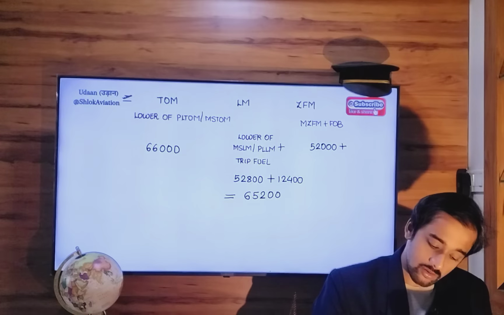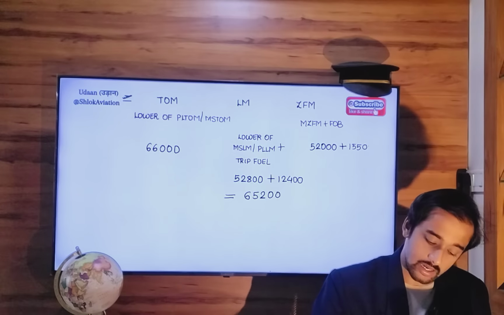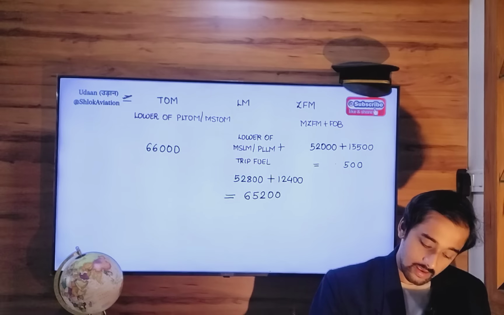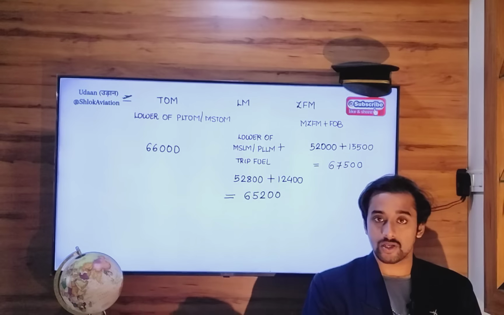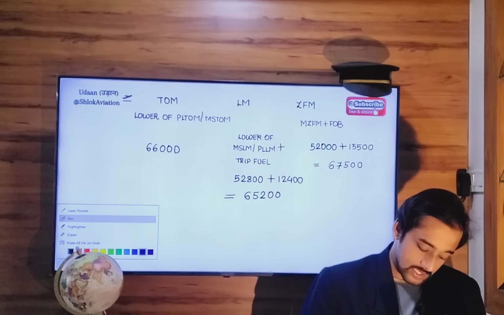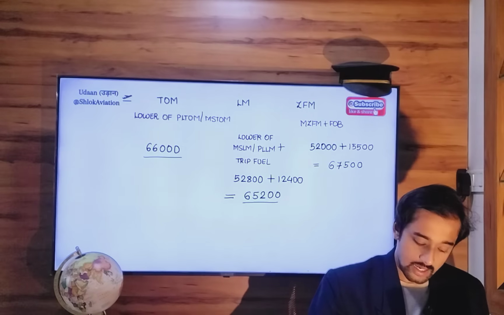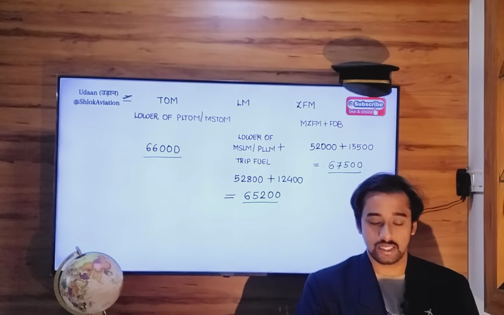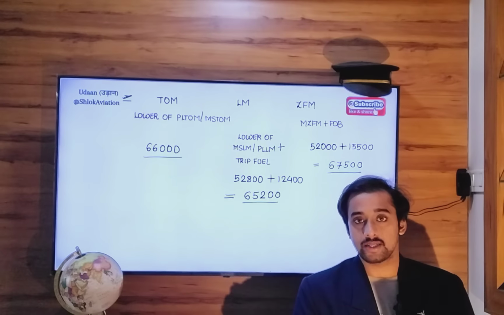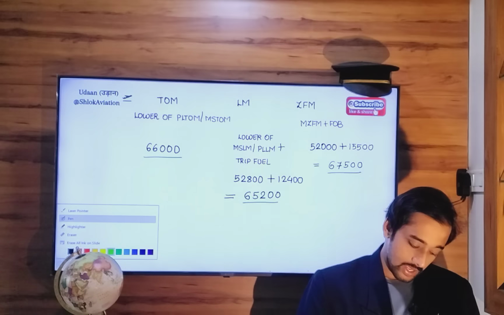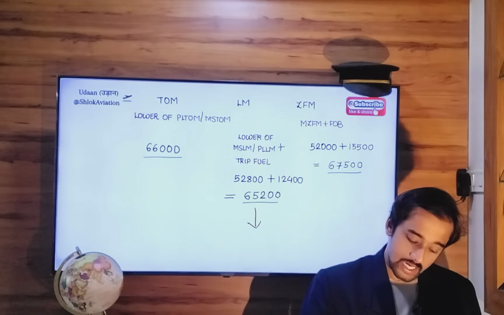So 52,000 plus 15,500 amounts to 67,500. Now out of these three values, 66,000, 65,200 and 67,500, 65,200 is the lowest value. So this value becomes our regulated takeoff mass.